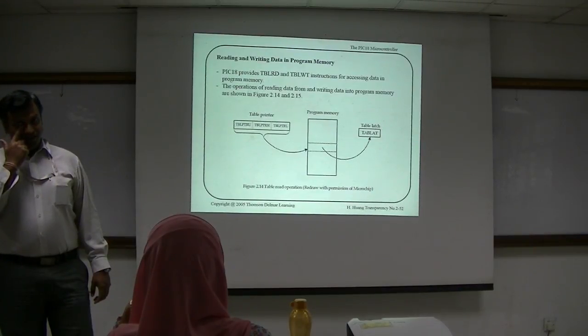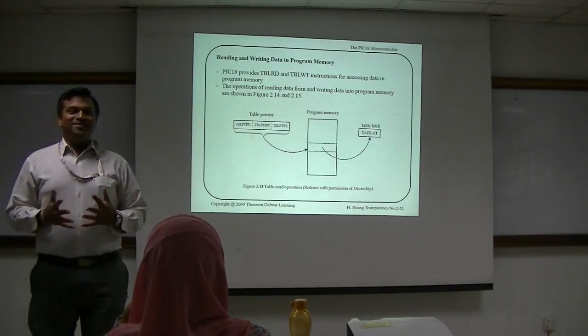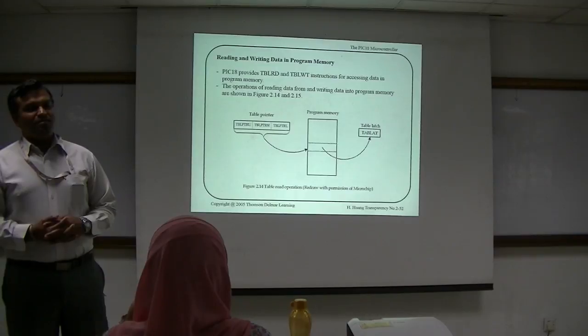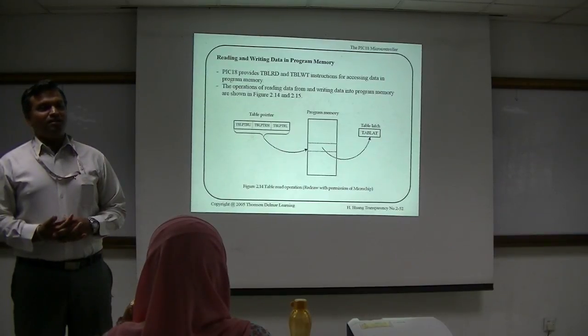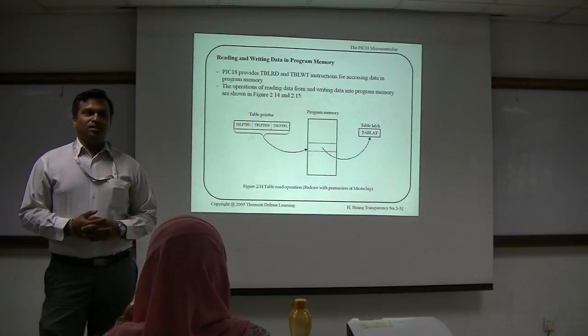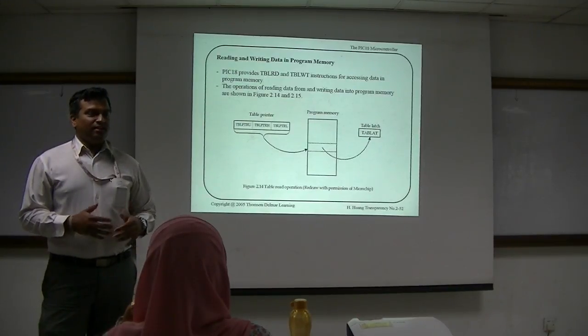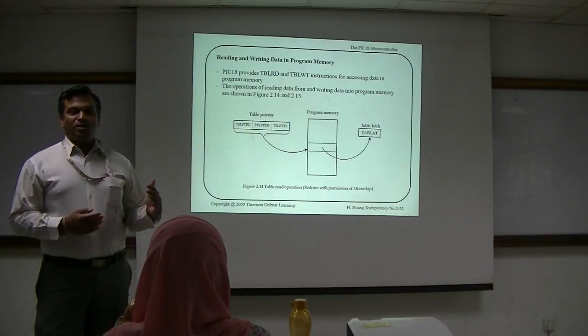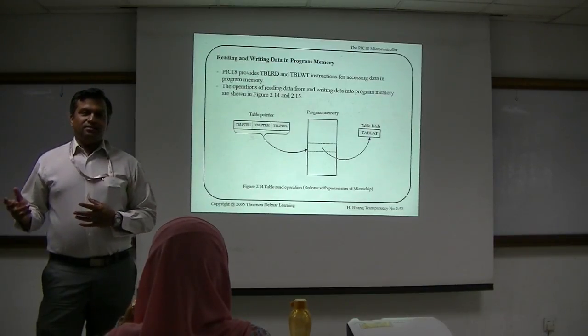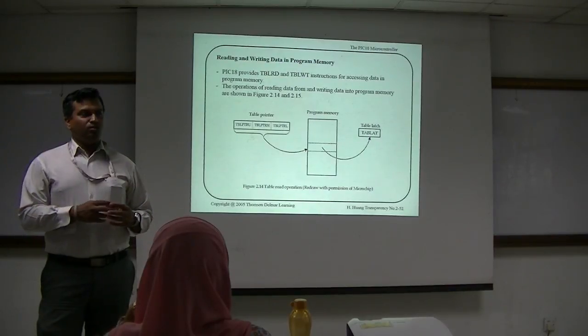Okay, I don't want to waste much time. FSR is 12 bits because the address of data memory is 12 bits. It is as simple as that. Do you get the logic? I did explain that when you want to point to a particular address, the pointer must have the same bit length as the address. If your address is 12 bits, your pointer also must be 12 bits.